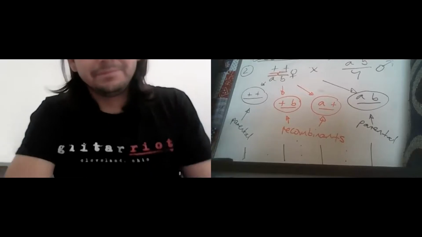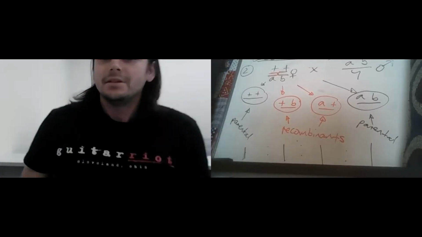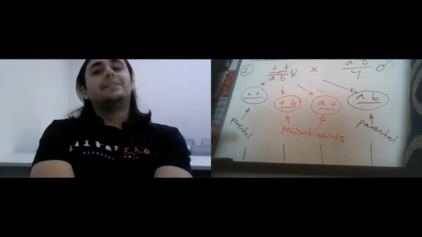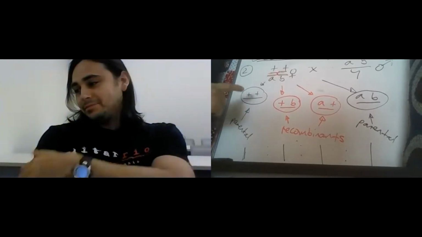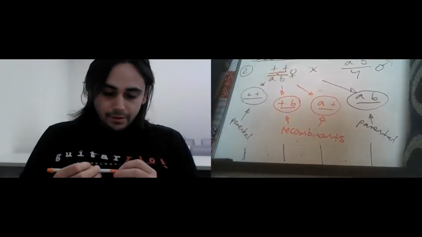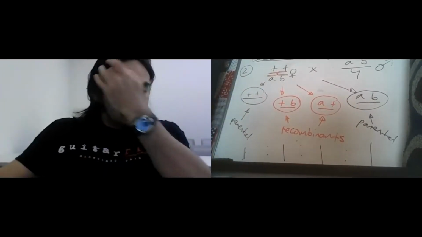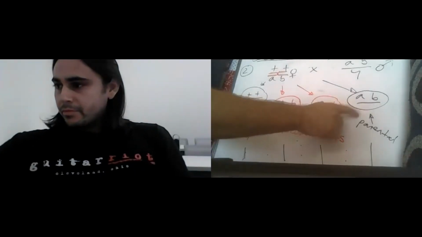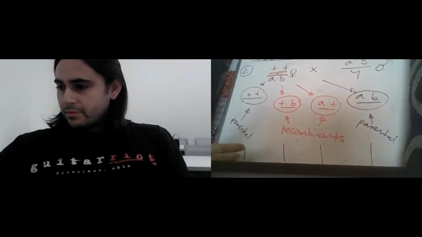And so what you would be doing with your own flies, I'm going to give you the data, but you'd be counting the relative proportion of these different groups: dominant, dominant; dominant B; B dominant; AB, right? Or recessive, recessive.